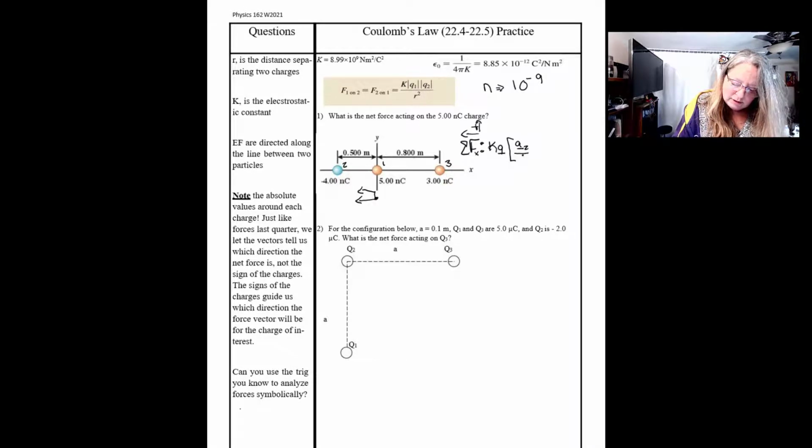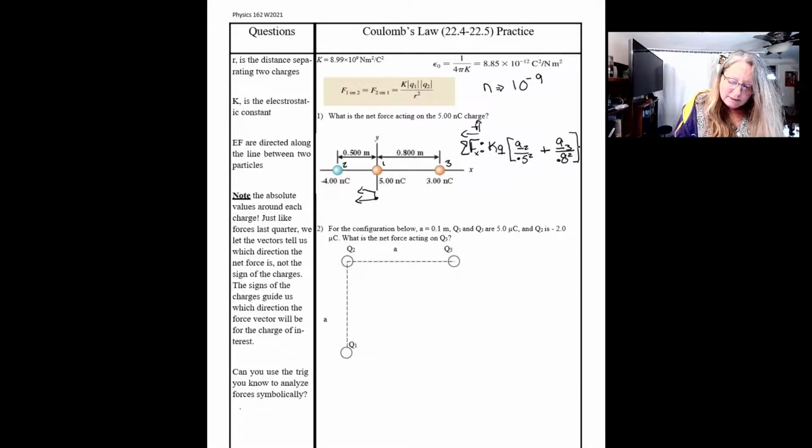So because they're different distances, I'm going to go ahead and put in the actual distance. So 0.5 squared plus, not minus, I've defined to the left as being positive, and we've already decided what direction those vectors are going to go. So plus q3 over 0.8 squared.